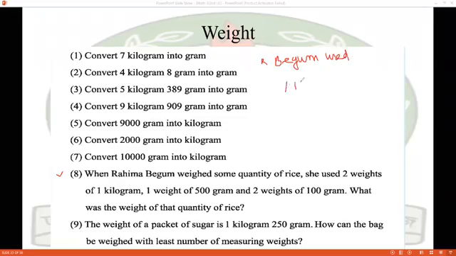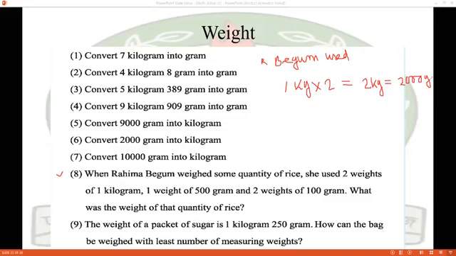So 1 kg weight into 2 will be 2 kg. You can convert into gram. So you can write 2,000 gram. We convert kg into gram because the rest of the weights are in gram.